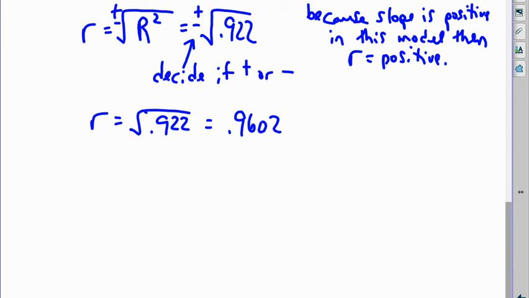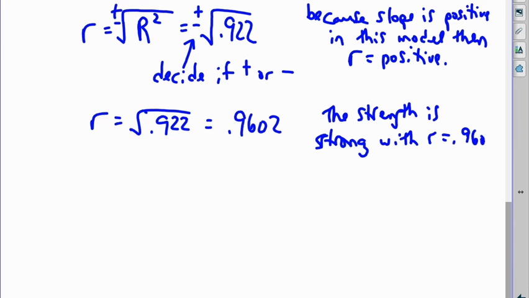So I would call this strength strong, with r equal 0.9602 and positive direction. The only way to see the form is by graphing it, but you can definitely see the strength and direction from the r. Okay, and in the next video, I'll do some confidence intervals and some t-tests.